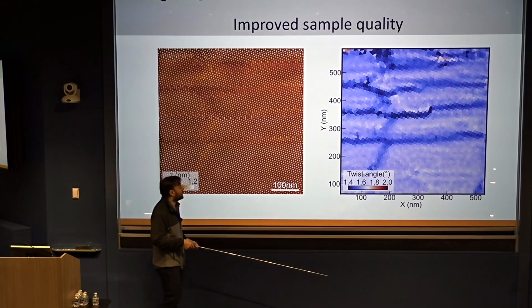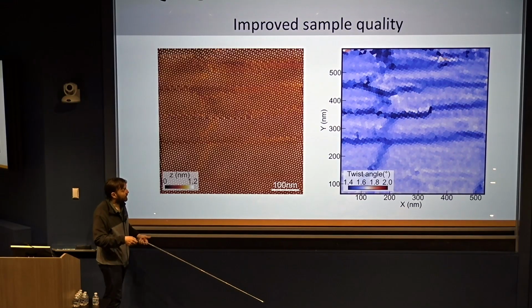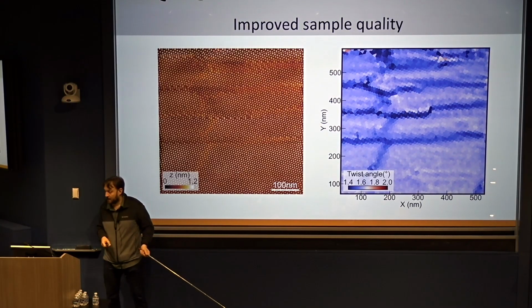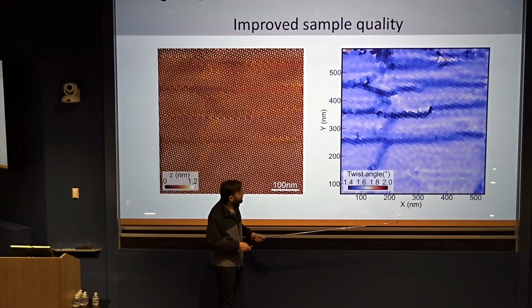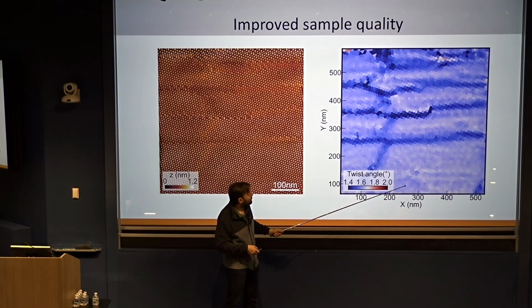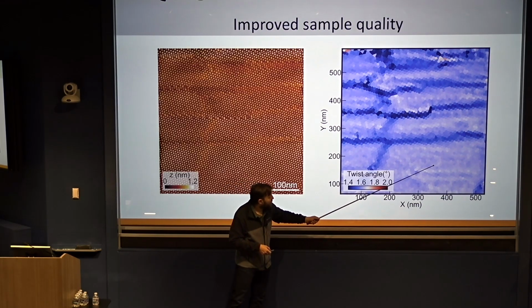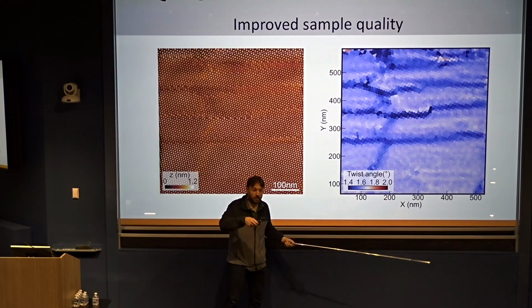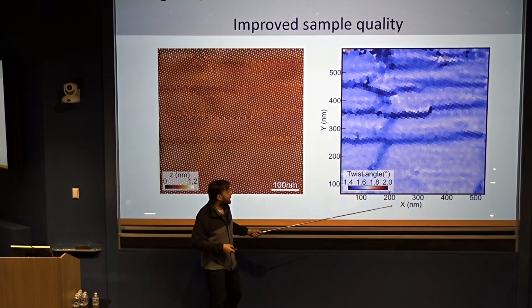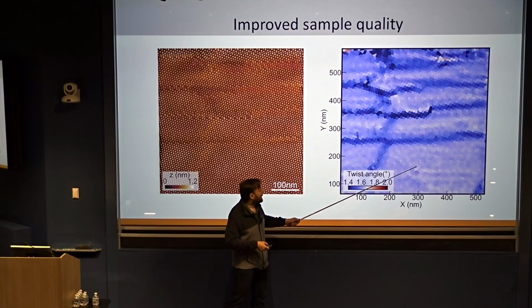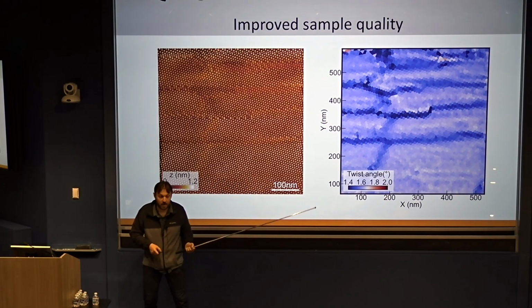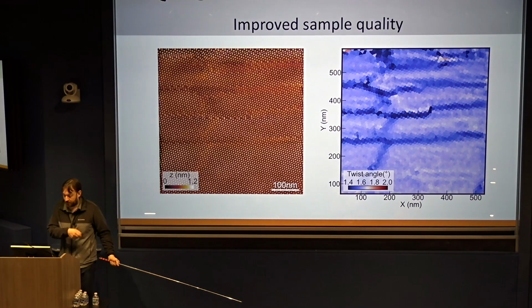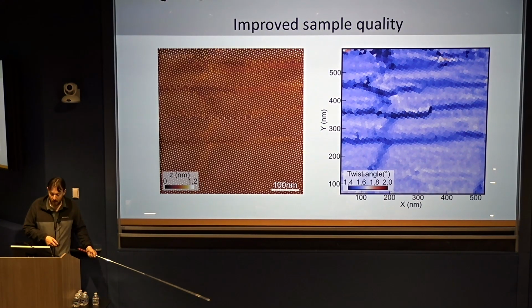What's important to note is that in these later measurements, and the measurements that I'm going to tell you about in the rest of the talk, we focus on regions with a more homogeneous twist angle, reducing the twist angle disorder, and far away from these regions where you have these locations. This is relevant for some of the data I'm going to show you afterwards.